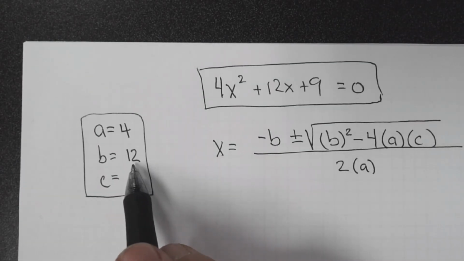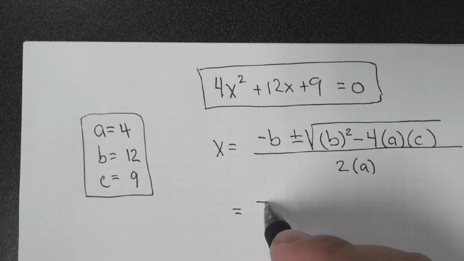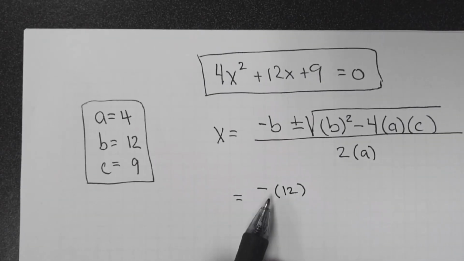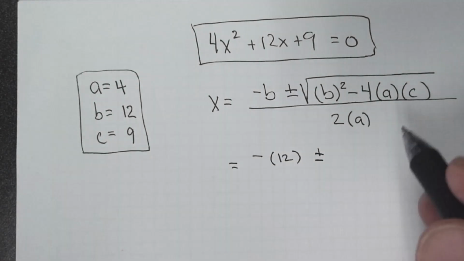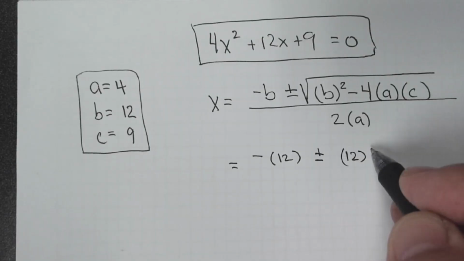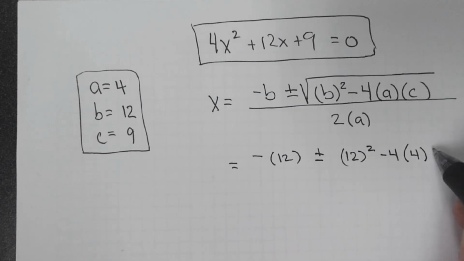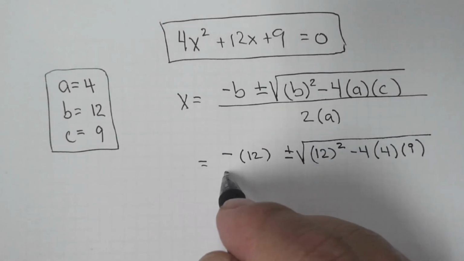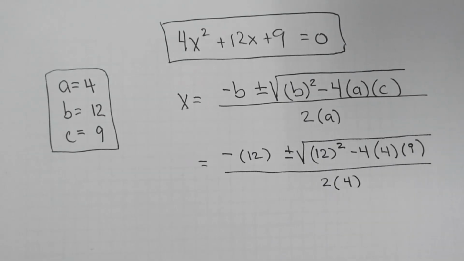Now, as we work this problem out, we're going to substitute our values into the formula. Here, we put our 12 into our b, so we're going to go negative parentheses 12, just to show you. You don't need the parentheses, but I'll put it there. Plus or minus b squared minus 4 times a times 9 for our c, square root of all that, and divide everything by 2 times my a, which is 4.